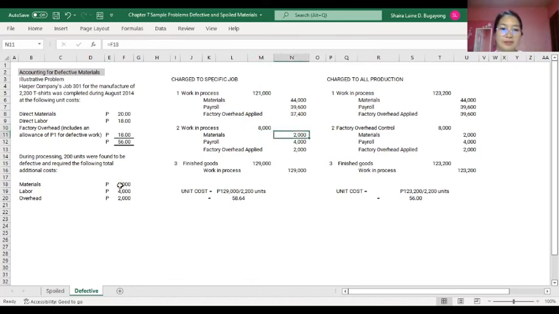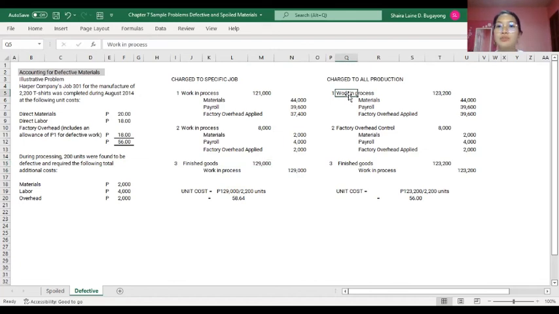And so, our finished goods, the work in process would be the sum of the rework plus the original. So, to compute the unit cost, 229,000 divided by 2 units only, because it was reworked.